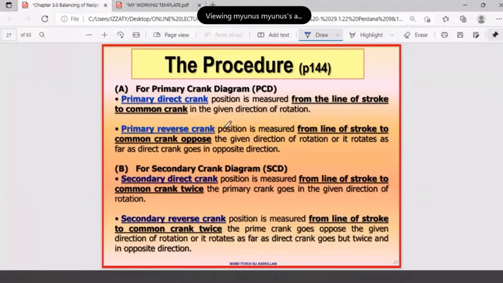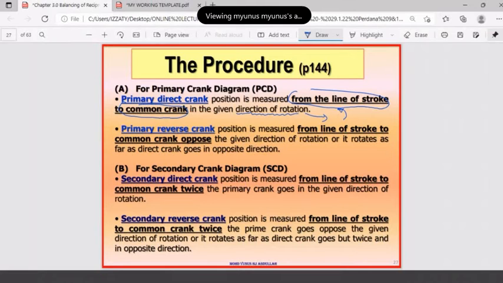The position of the primary direct crank is measured from the line of stroke to the common crank. Remember, line of stroke to common crank is the keyword. By following the given direction. What does it mean? If the given direction is clockwise, follow clockwise.